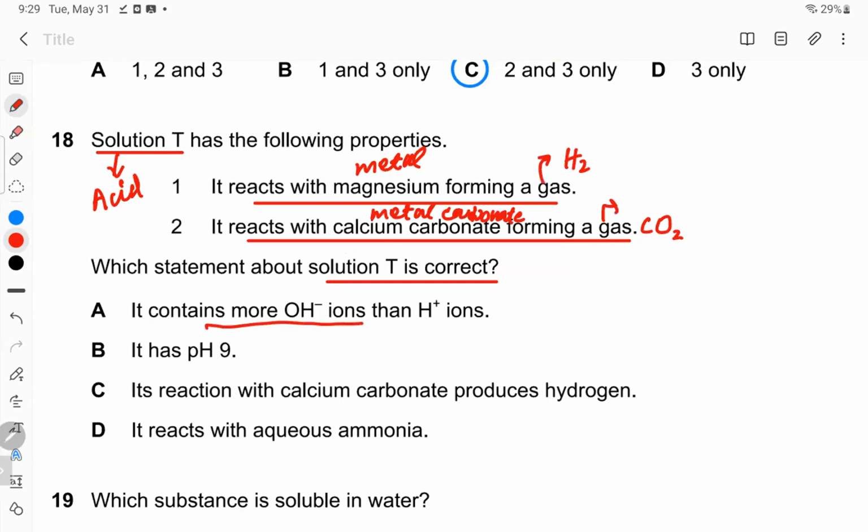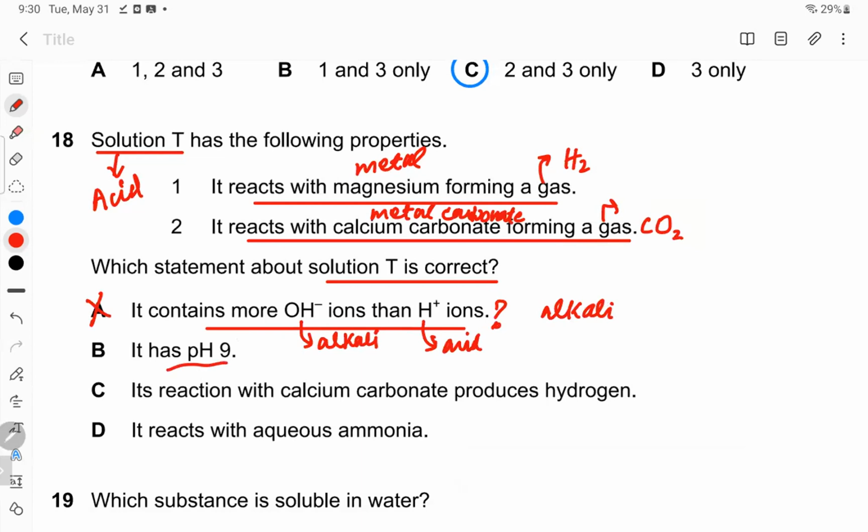It contains more hydroxide ions than hydrogen ions. Is this statement correct or wrong? Wrong, because more hydroxide ions means alkali and more hydrogen ions means acid. According to this, they are saying that it is an alkali, so A goes wrong.